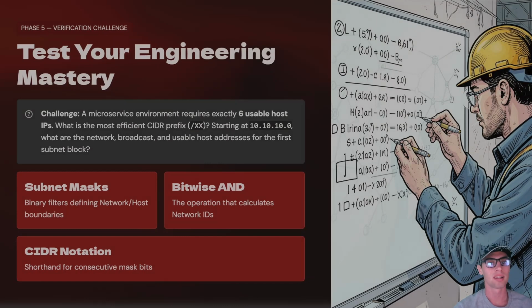So to summarize today, subnetting uses binary subnet masks and bitwise AND operations to mathematically divide continuous IP spaces into isolated logical network IDs, splitting the host and the network IDs. This prevents routing conflicts and ensures security boundaries directly at the architectural level.